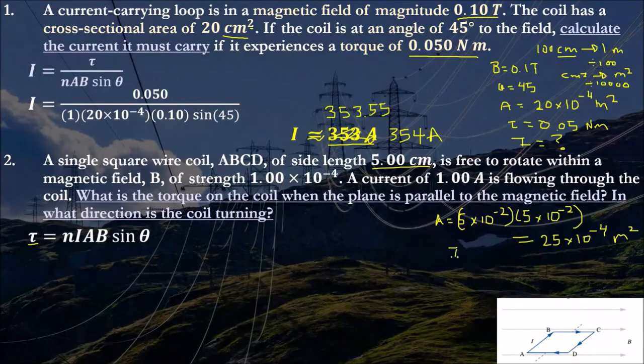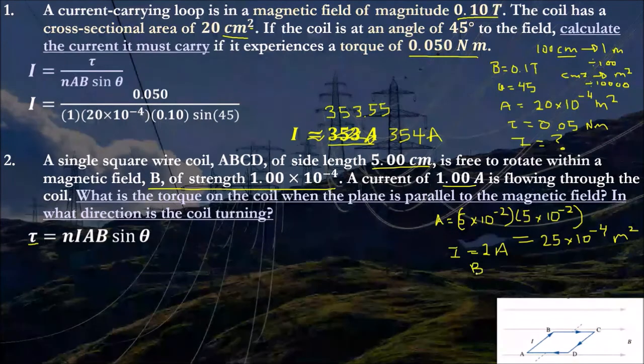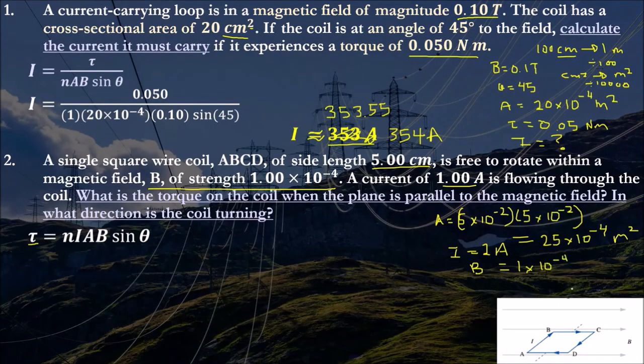The current is just 1 amp. The field strength is equal to 1 times 10 to the power of minus 4 Teslas.